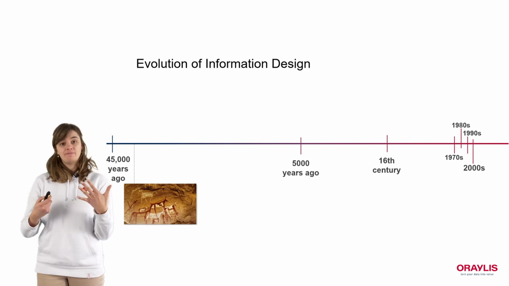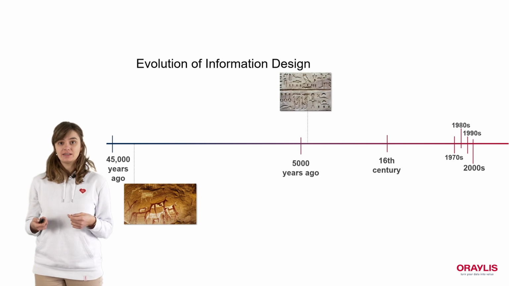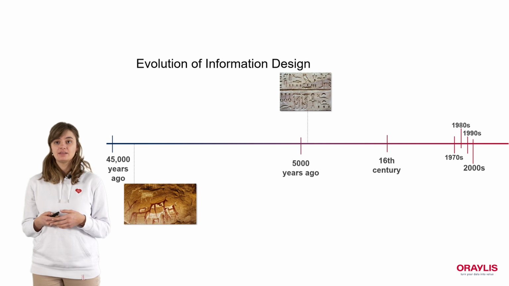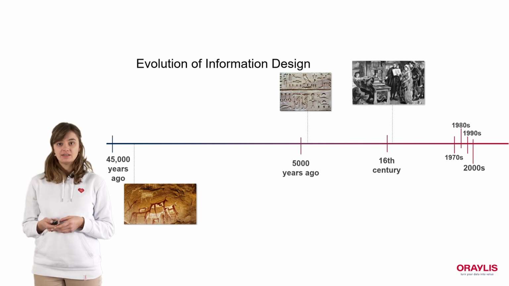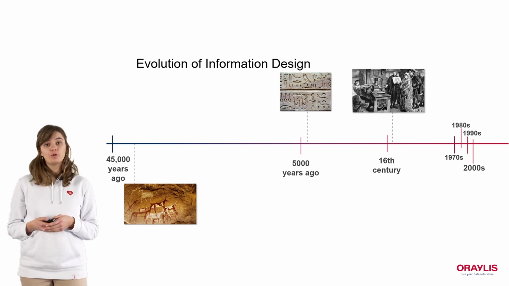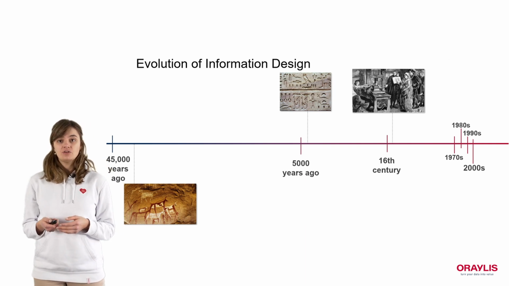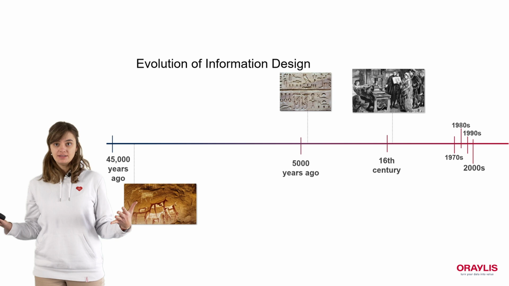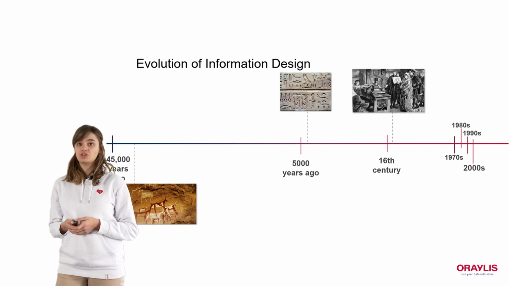And we did this for a very, very long time. 5,000 years later, the Egyptians started to implement visual elements in their written language. 7,000 years later, we face the next huge step of information design, the book printing of the 16th century. Information was now available to a wider audience, and with books, it was possible to store a lot of information in one medium.